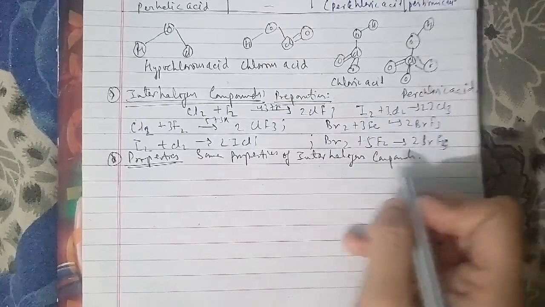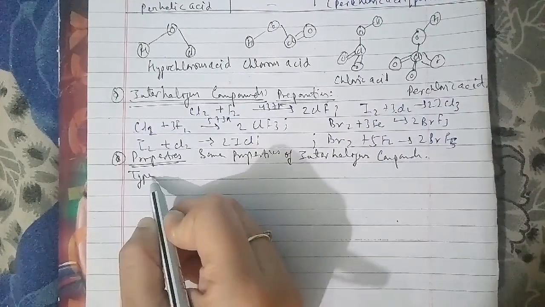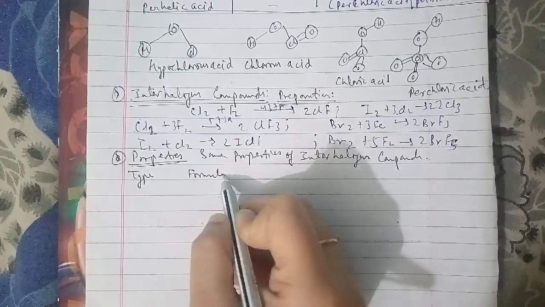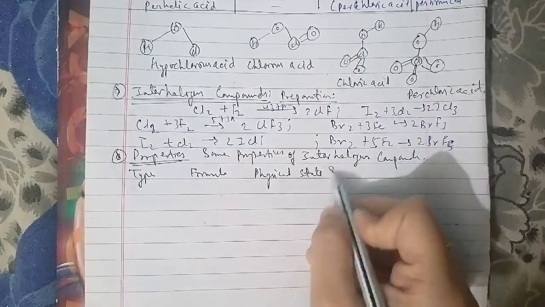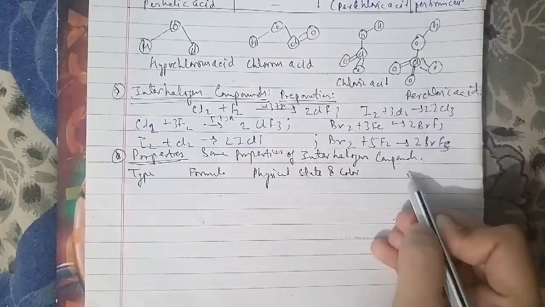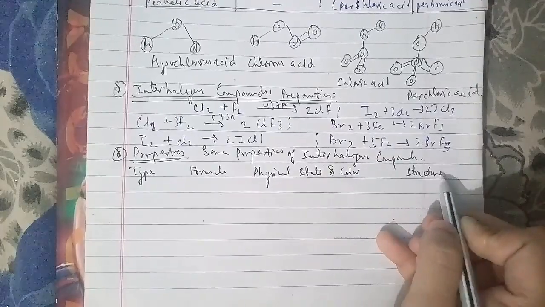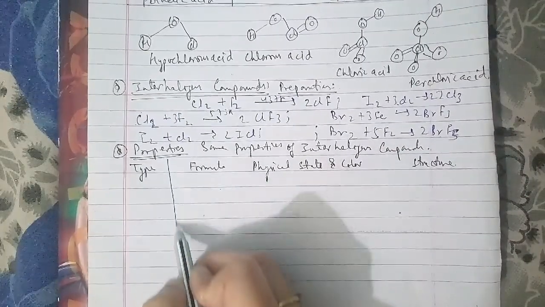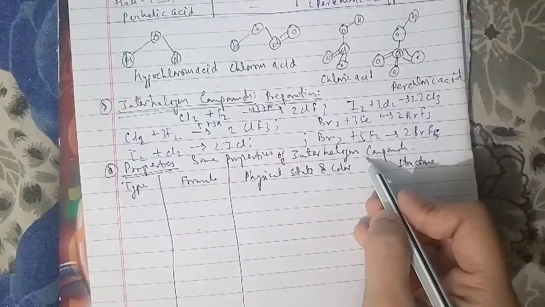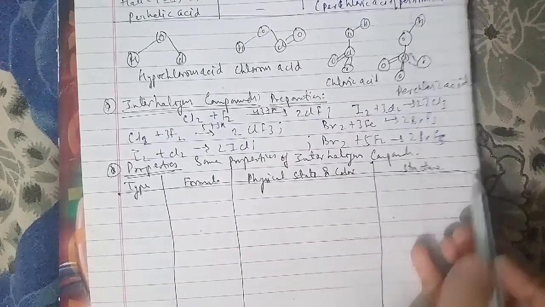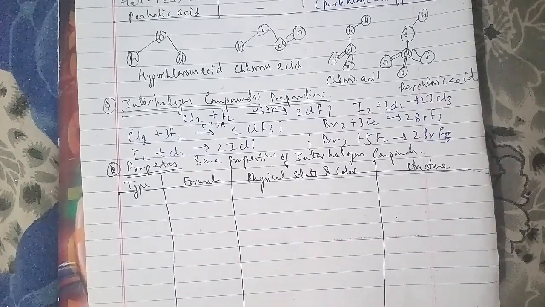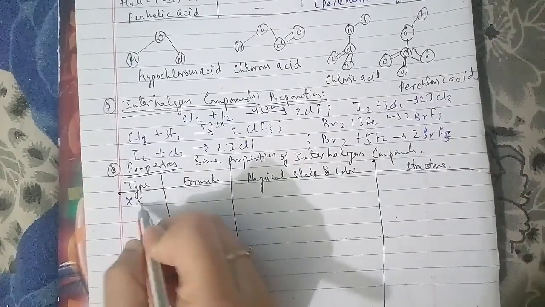For the physical state and color: ClF is a colorless gas, BrF is a pale brown gas, IF is detected spectroscopically, BrCl is a gas, and ICl is a ruby red solid in its alpha form and a brown red solid in its beta form.